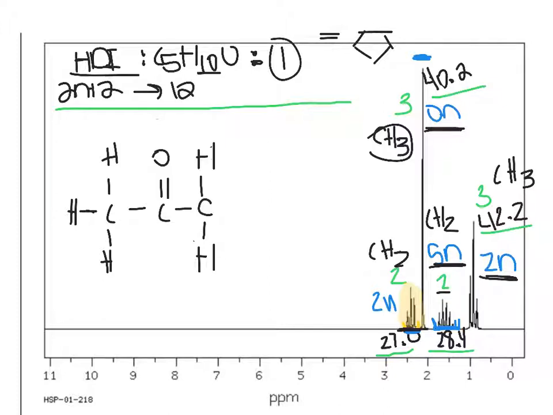And because this signal is falling under 1.0 parts per million, we know that this one's going to be the farthest from our carbonyl, and that it is de-shielded the least out of the other protons. So I'm going to go ahead and draw that one in the farthest away.